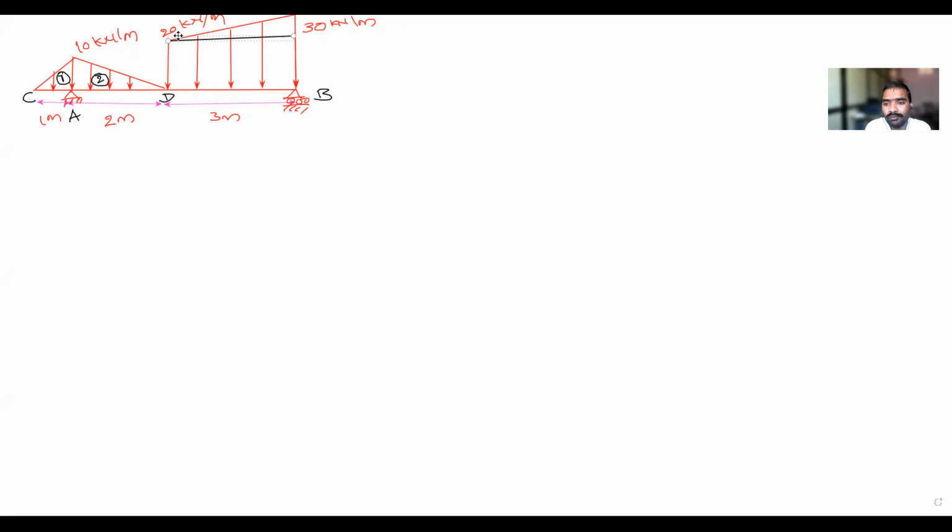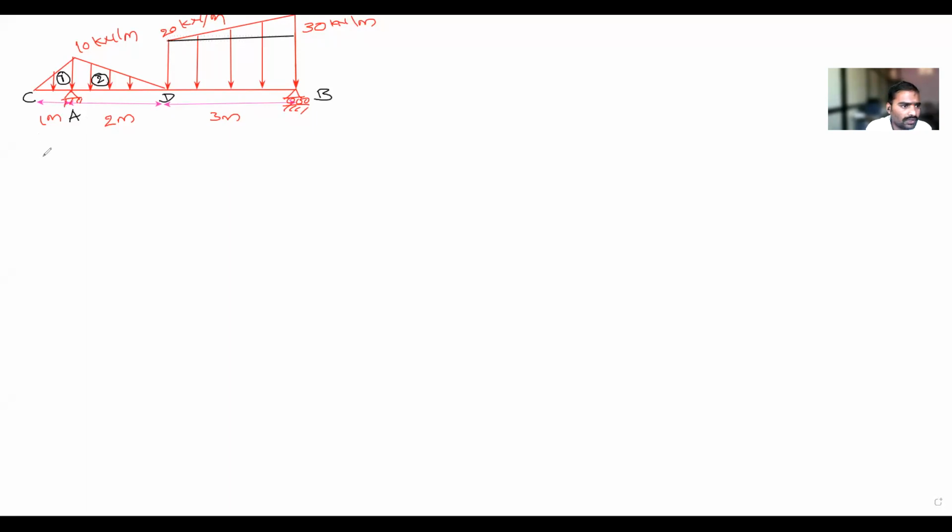That is minimum loading. ये trapezoidal loading में एक तरफ 20 किलोन्यूटन पर मीटर है और एक तरफ 30 किलोन्यूटन पर मीटर है. Minimum कितना? 20. So I will take this 20 as a UDL and बाकी remaining 10. So that 10 kilonewton I will take as the intensity of triangular loading. Is it clear?